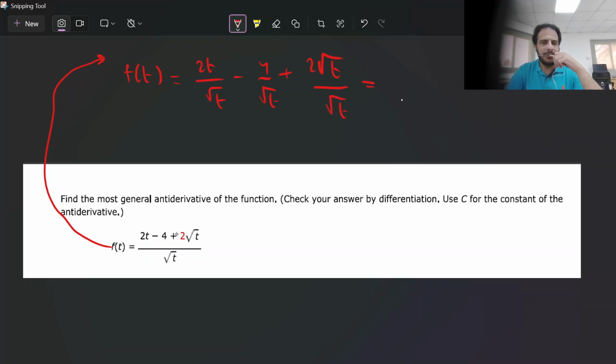Then you simplify, you get 2t over square root of t, 2 square root of t. But the square root of t is t to the half, right? So let's write it t to the half. Minus 4, 1 over square root of t is t to the minus half. Then the last one plus 2. So what's the antiderivative here? What do you think?